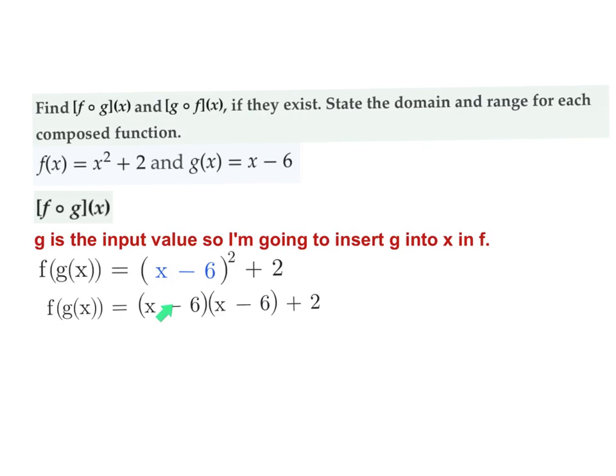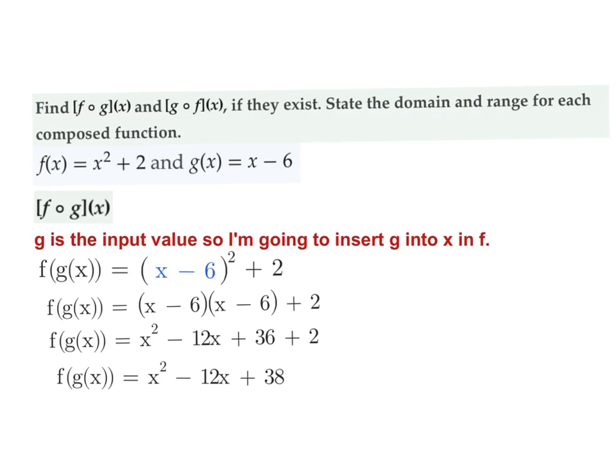There is a middle term. When you FOIL this out, there is a middle term, okay? So what you should get, x squared minus 12x plus 36, because you get minus 6x minus 6x, and then there's this plus 2, so I just combine 36 and 2, and that is my final answer. Okay? How many had that?